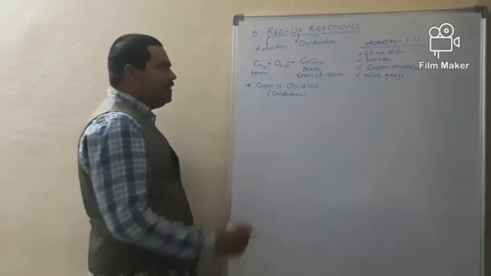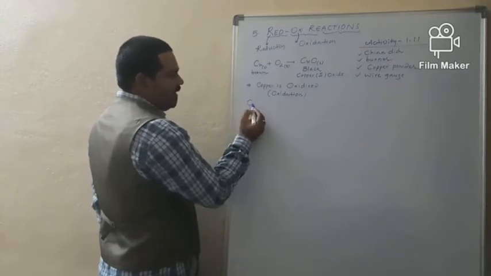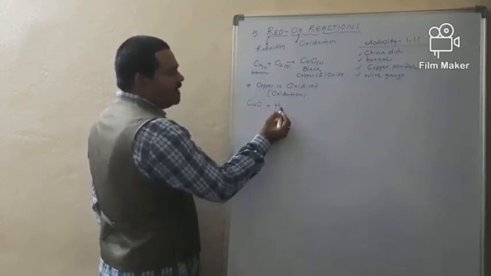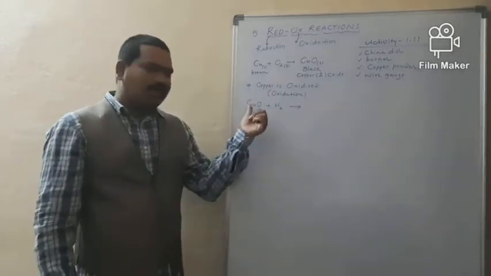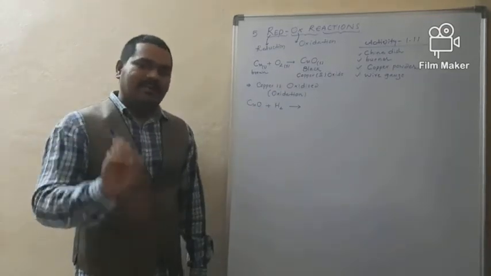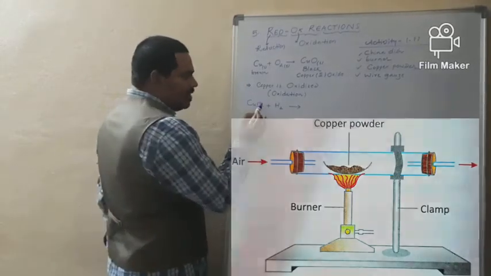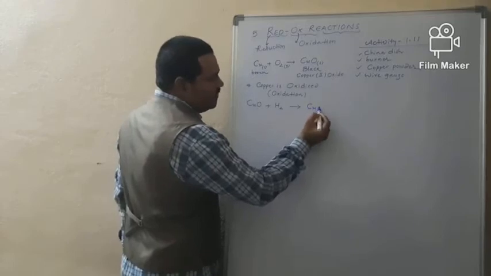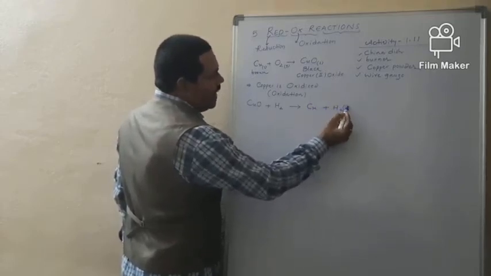Okay. And let me take copper(II) oxide here. If you pass hydrogen gas over black colored copper(II) oxide, then what is your observation? We observe that black color copper oxide slowly converts to shiny brown copper along with water.